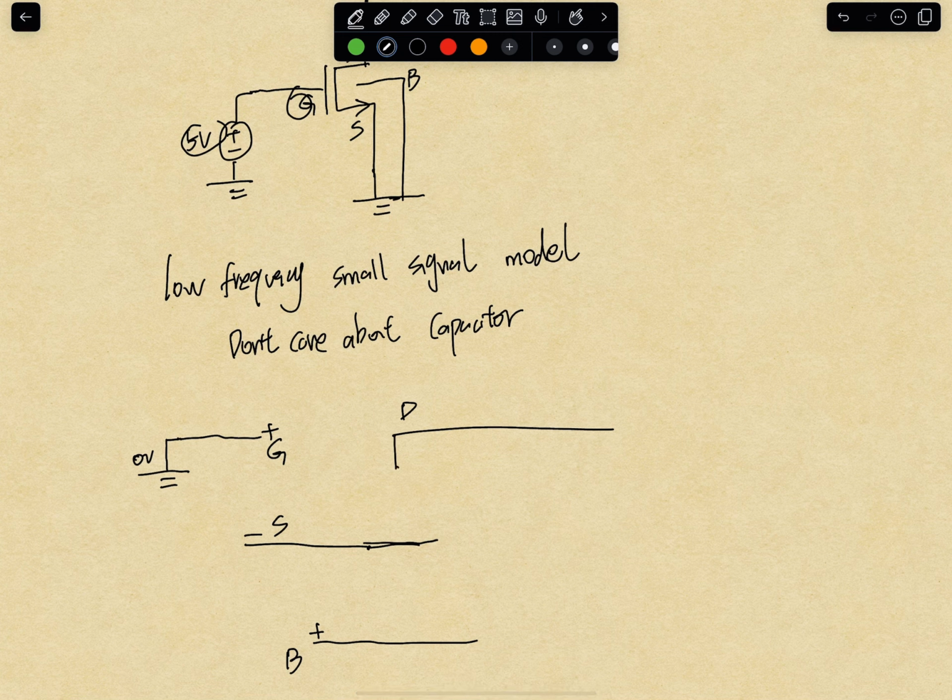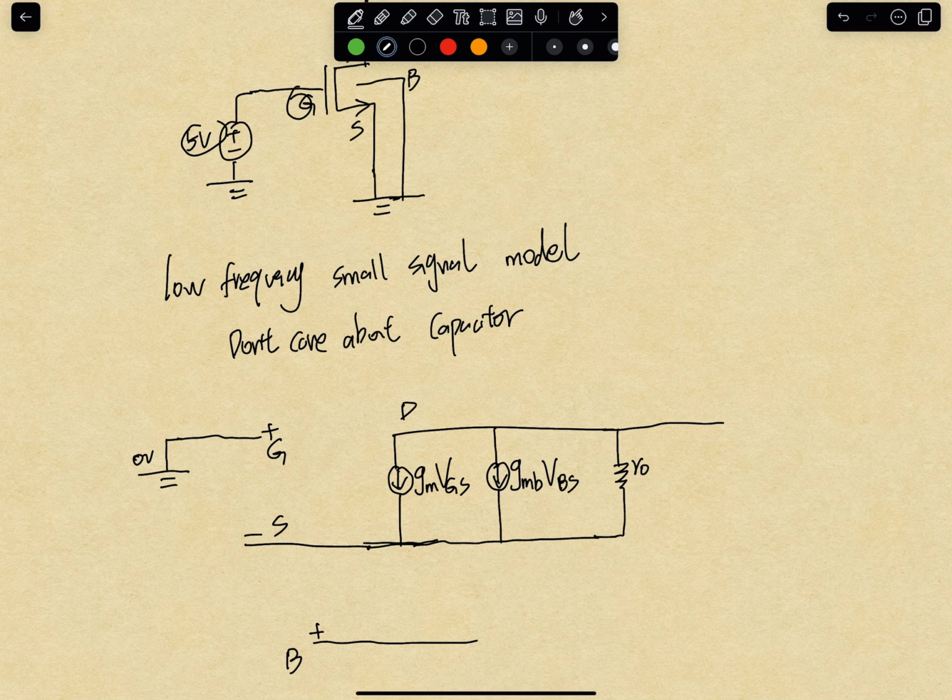Then basically you will have a current source here, let's call this one gm VGS. Then you have another current source over here, gmb VBS. Then you have a resistor, some people call it RO, or some people call it GDS. GDS is the inverse of RO. And then you have the drain, which is the output.